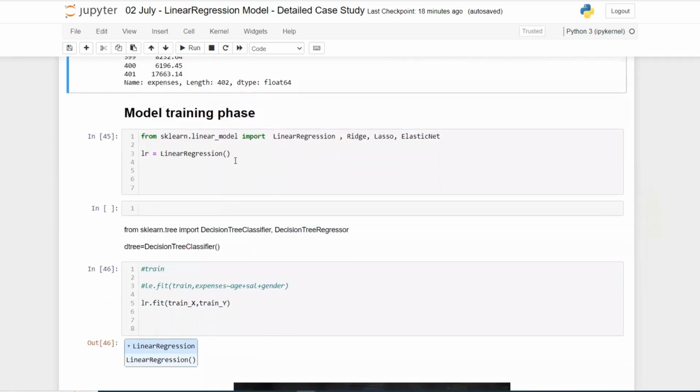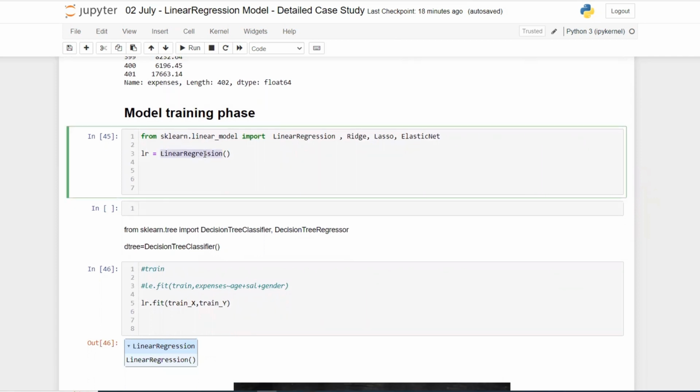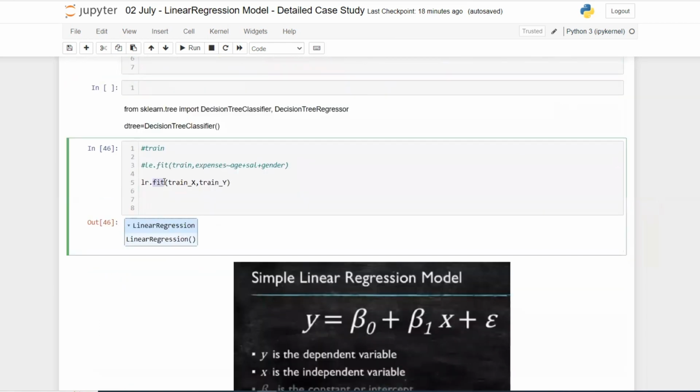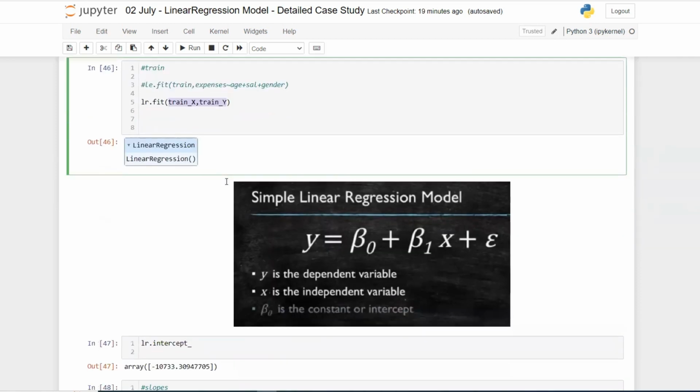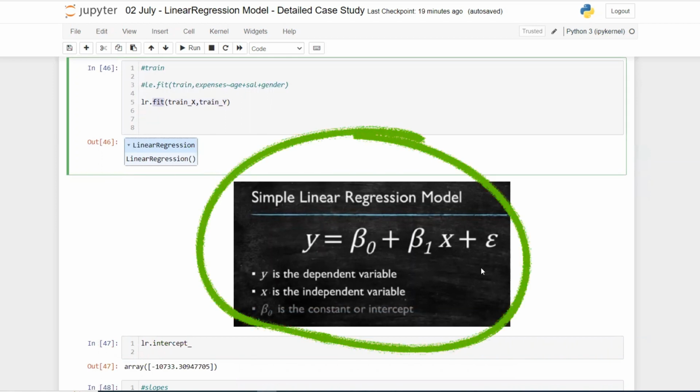So in the last session, we discussed what a linear regression model is. It's a regression model using a linear equation. We also discussed the fit process, where we train the model on the training data. But the important thing that we concluded after training the model was that the output of the training phase is the final equation.